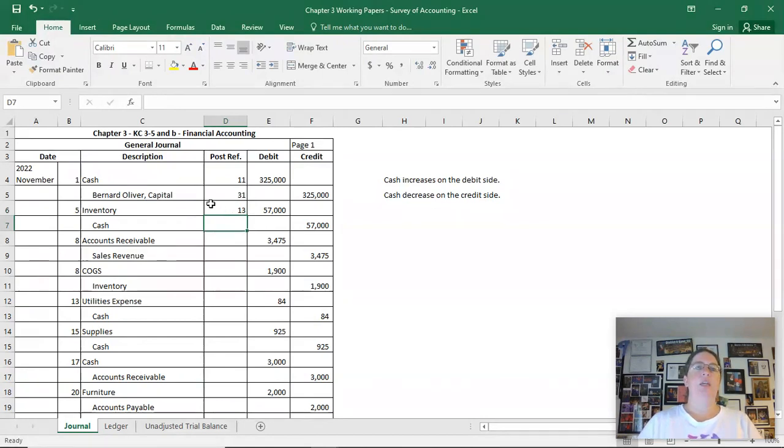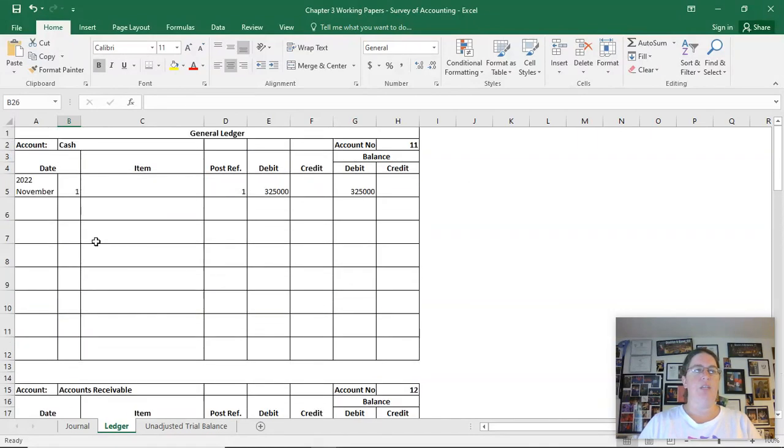Now on the 5th, I had a credit to cash for $57,000. So if I come up to my cash account, 5th, page 1, $57,000. Now, when you have a debit balance and then you have a credit to the account, you're going to subtract the two numbers. You can do this on paper, you can use a calculator, or I'm going to use Excel.